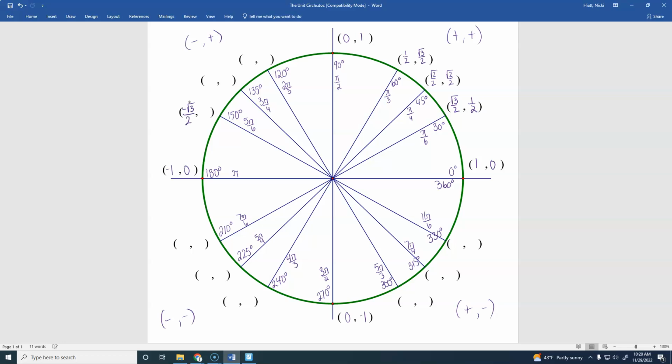So I have negative square root of 3 over 2. Y coordinate stays positive. I can take this point, flip it over here. I'll get negative square root of 2 over 2 and positive square root of 2 over 2. And then here I'll have negative 1/2, positive square root of 3 over 2.